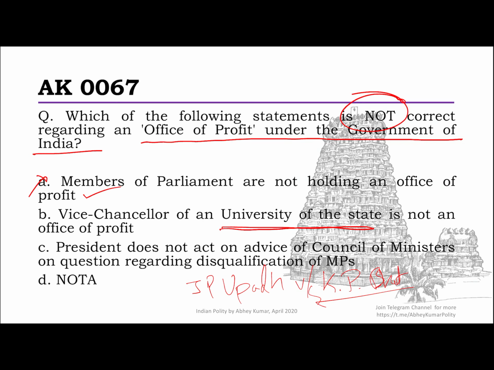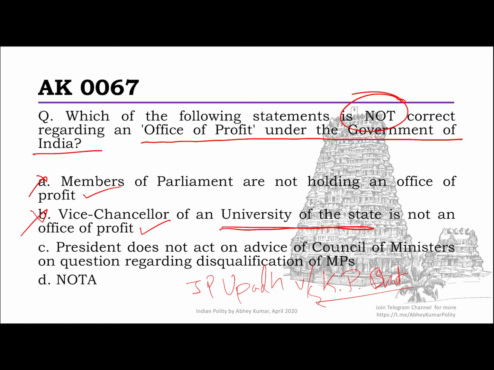Essentially because when the Chancellor, being the governor here, appoints the Vice Chancellor, he is not acting in an executive capacity. So there is no executive control as such in this case. So this is also a correct statement. It is not an office of profit, hence a wrong option for this question.